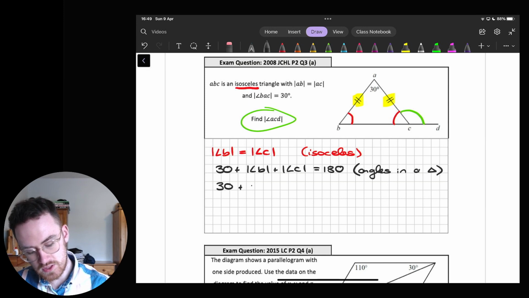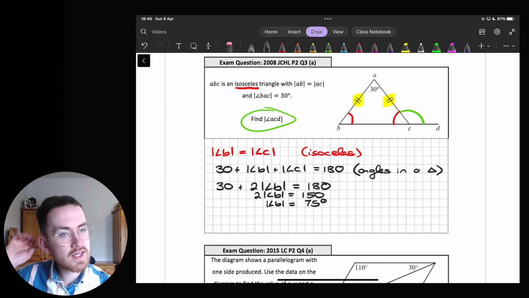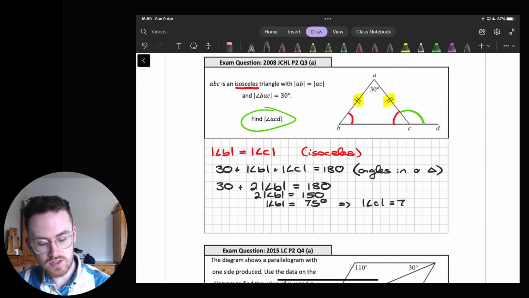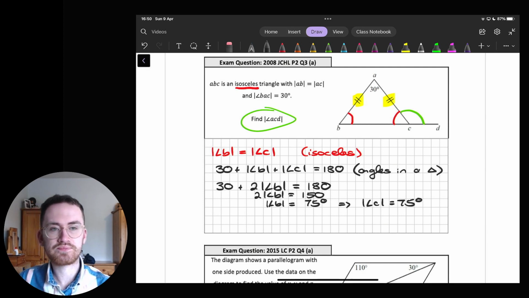So 30 plus 2 angle B, because angle B and angle C are the same, is 180. 2 angle B's is 150, which means that angle B is 75 degrees. So angle B is 75 degrees, and that means, of course, that angle C is also 75 degrees.